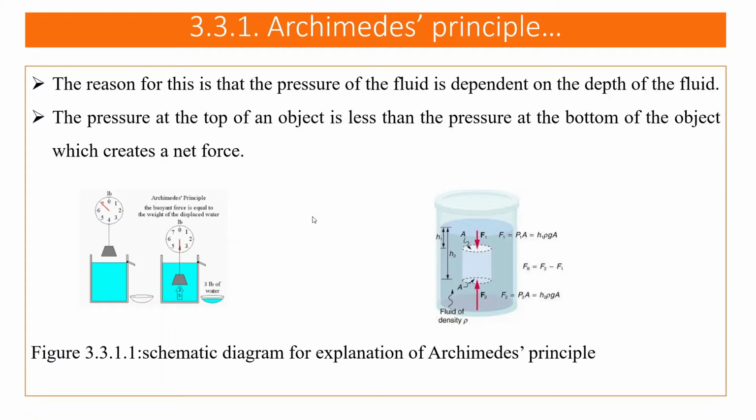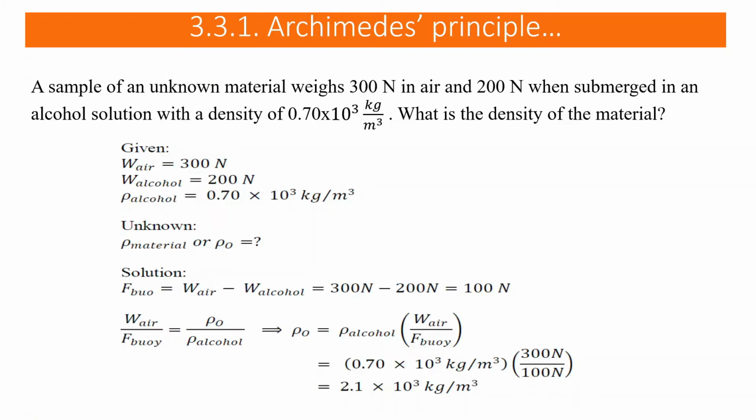Okay, having this in mind, now let's go to the other slide. The other slide contains an example. It says that a sample of unknown material weighs 300 Newton in air, and 200 Newton when it is submerged in an alcohol solution.